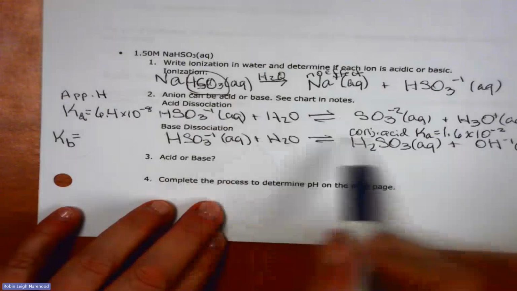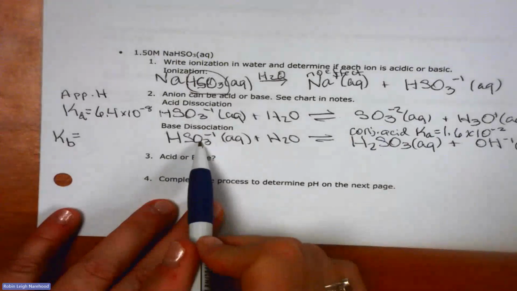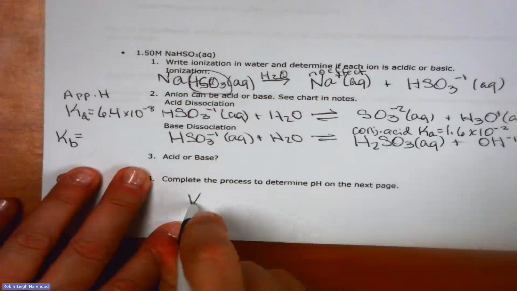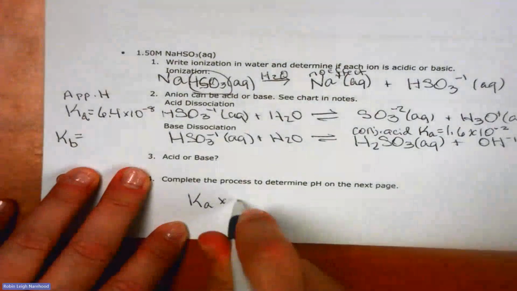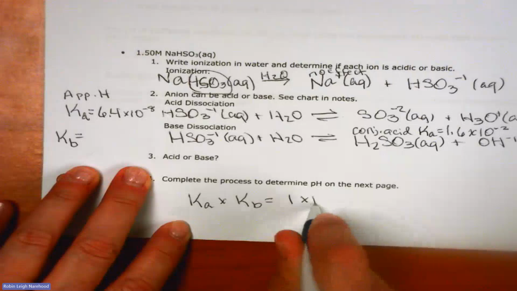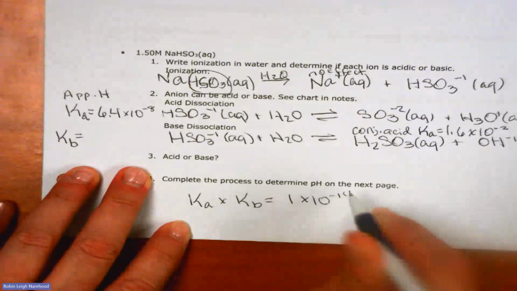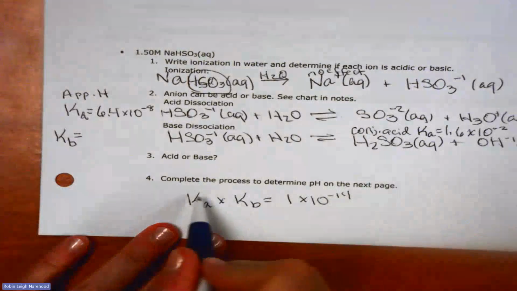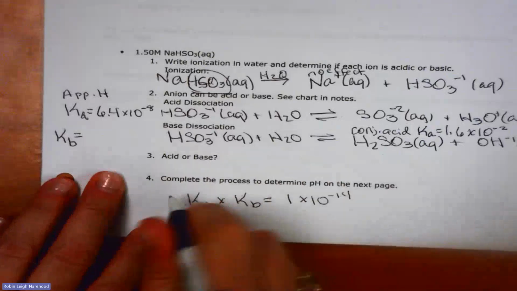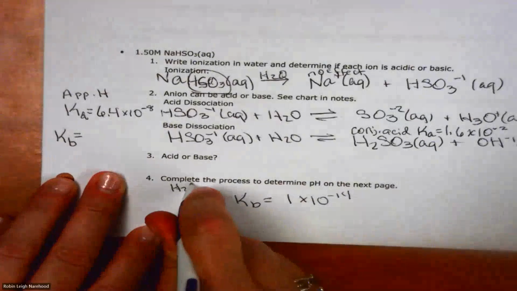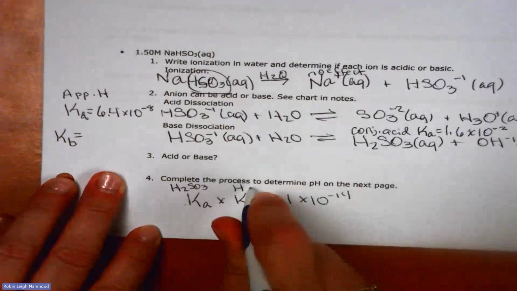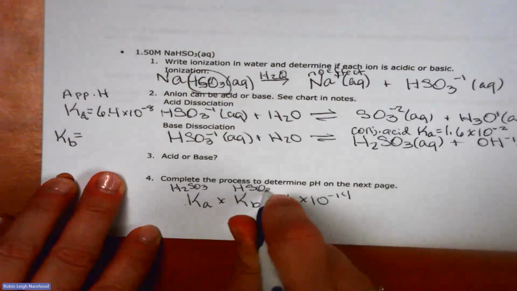So to figure out the Kb, its ability to be a base, you use the formula Ka times Kb equals Kw, which is 1 times 10 to the negative 14. But these have to be conjugates. So the Ka is the Ka for H2SO3, and that would give us the Kb of HSO3-.